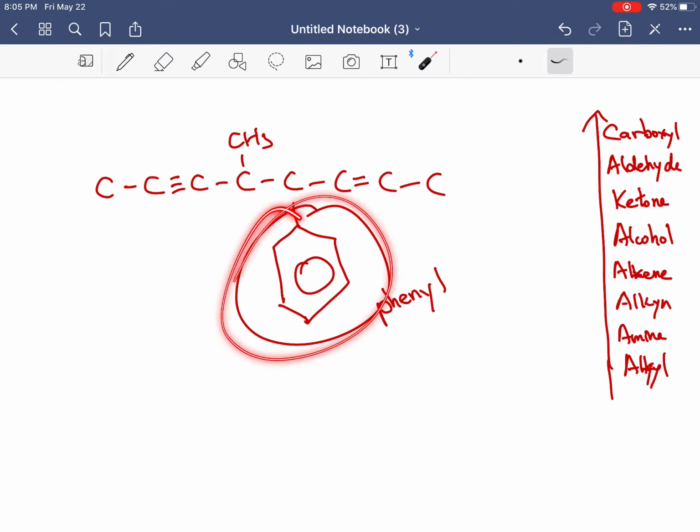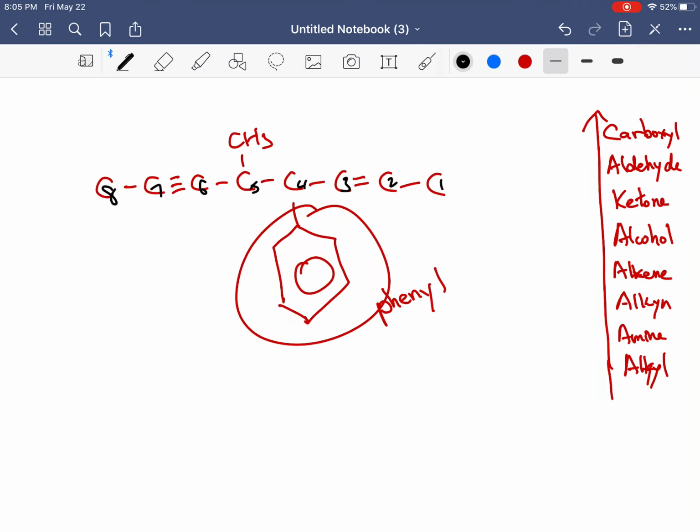If we're gonna name this, obviously we want to know what number does it have. Now, for a question like this, hopefully you remember that you want to see who is the most important here. Alkene is the most important here. So alkene should have the lowest number. Makes sense. So therefore, we're gonna go right to left.